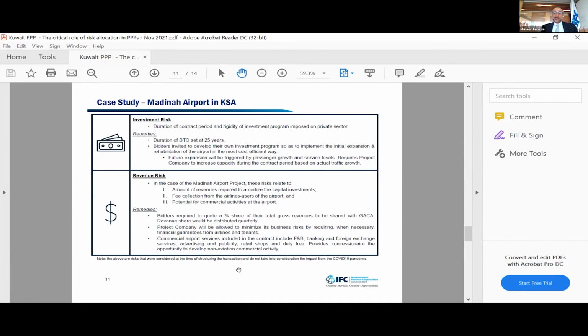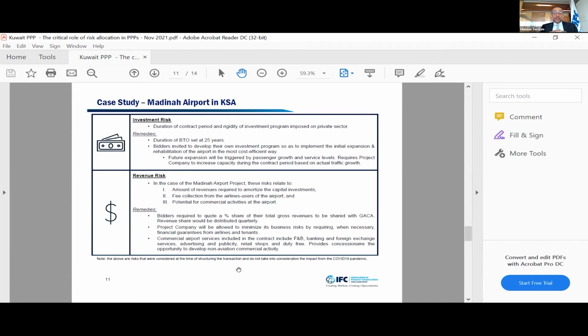We did not specify that we wanted a certain amount of space in the terminal. We just basically said as long as you meet certain KPIs, for instance, the space around the counters, for instance, the type of people that you can mix in the airport shouldn't really be very congested. Then you propose your own capital expenditure program.